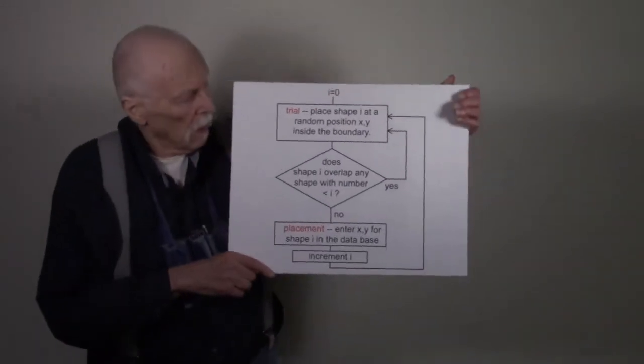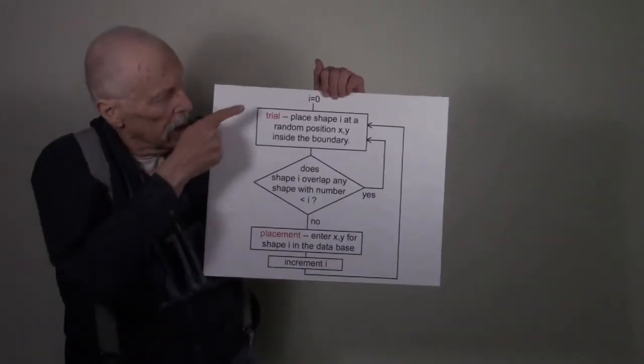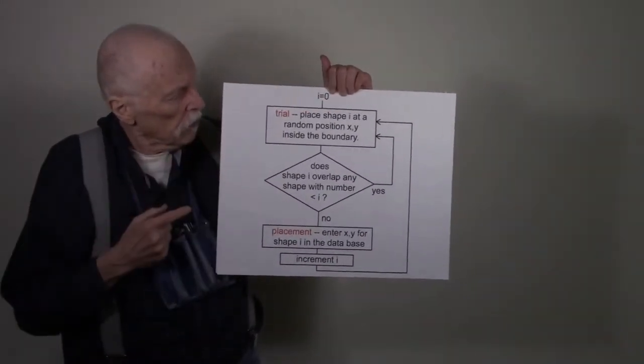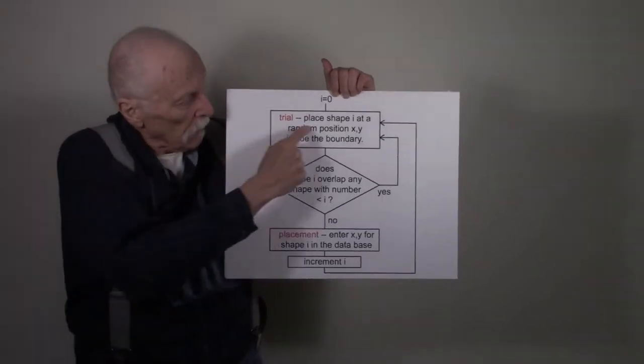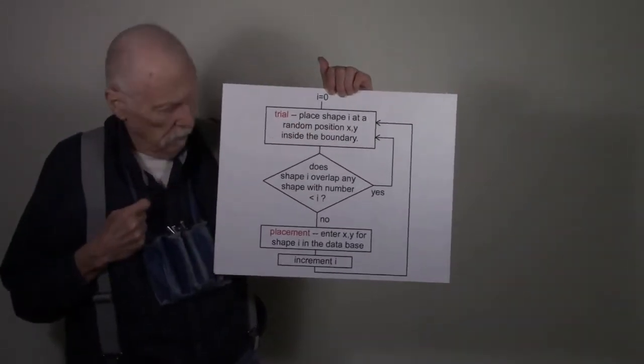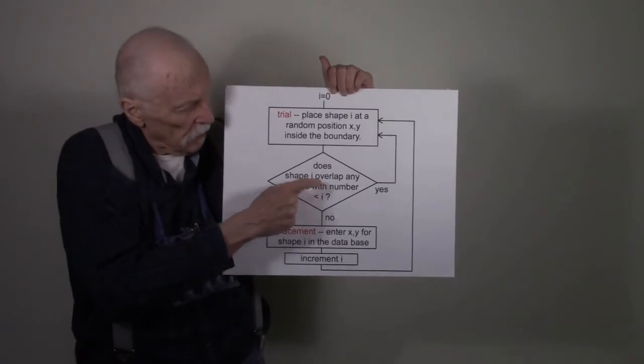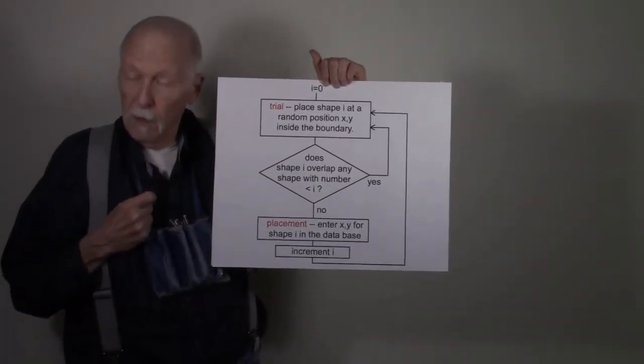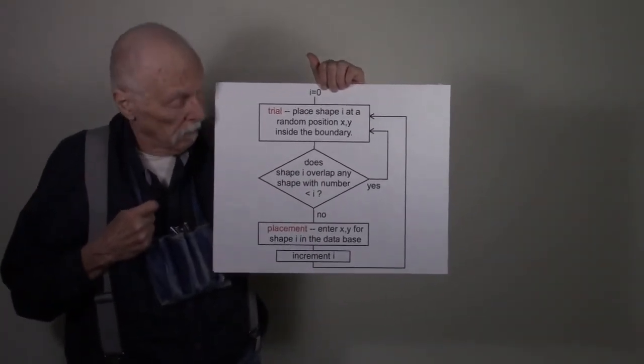We also must have a rule for how we put them in a way that they never overlap each other. And for this, we have a flow chart that shows how this is done. We have the beginning here, the 0th circle, and we choose a random location for it. We then test to see whether it overlaps the boundary or any other circle.